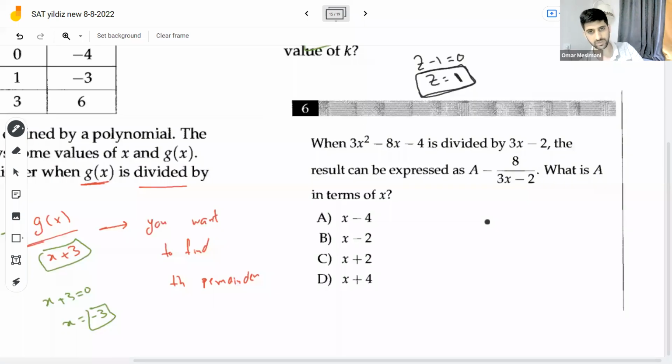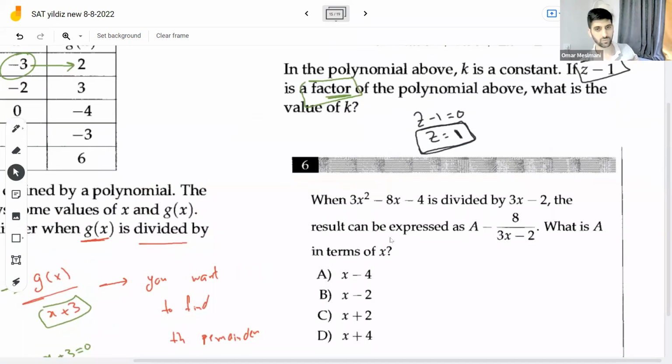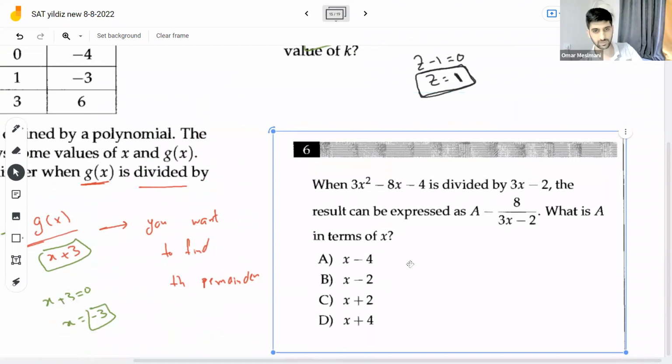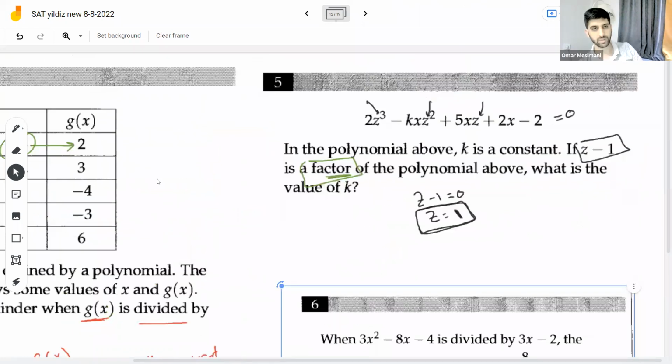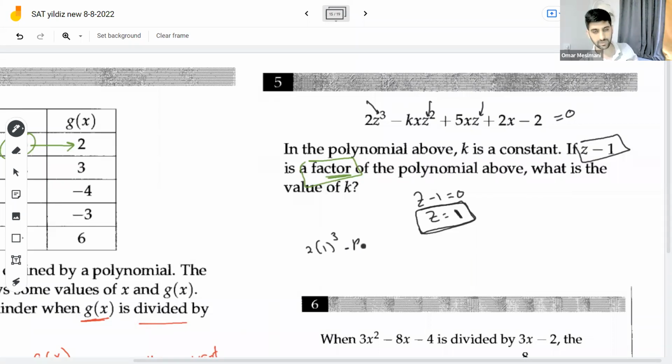I have 2z cubed, which is 1 cubed, minus k multiplied by x, multiplied by z squared, which is 1 squared, plus 5 times x times z, where z is 1, plus 2 times x, minus 2 equals 0.